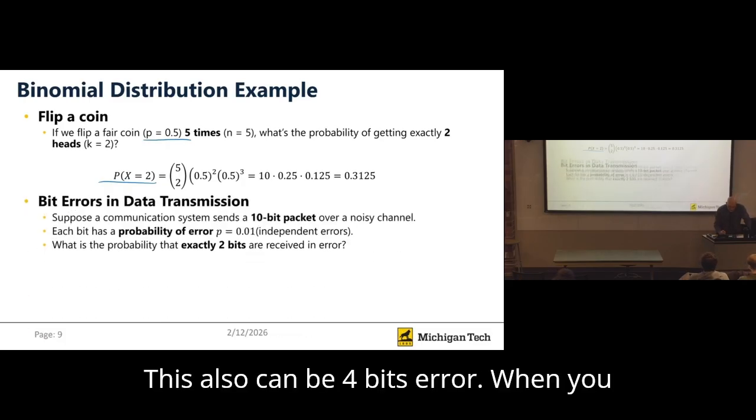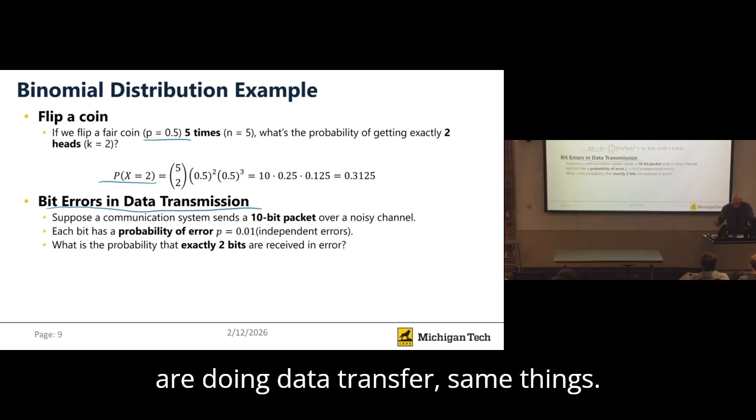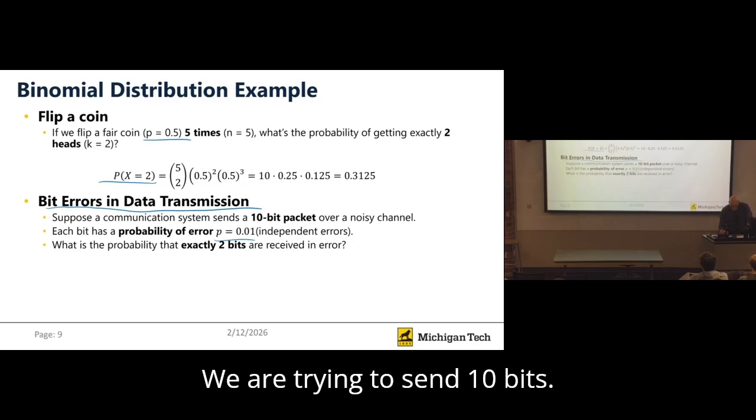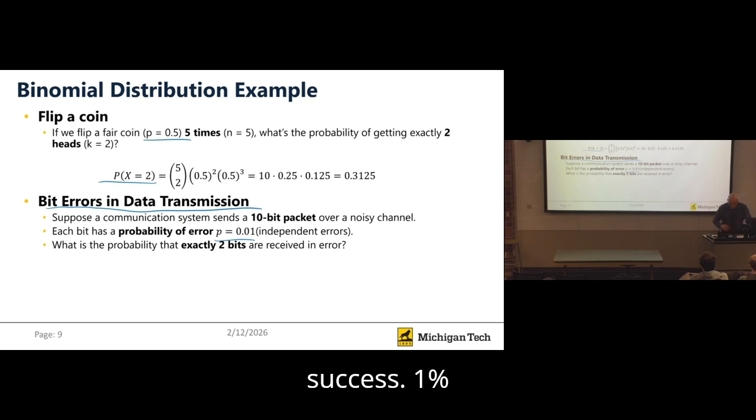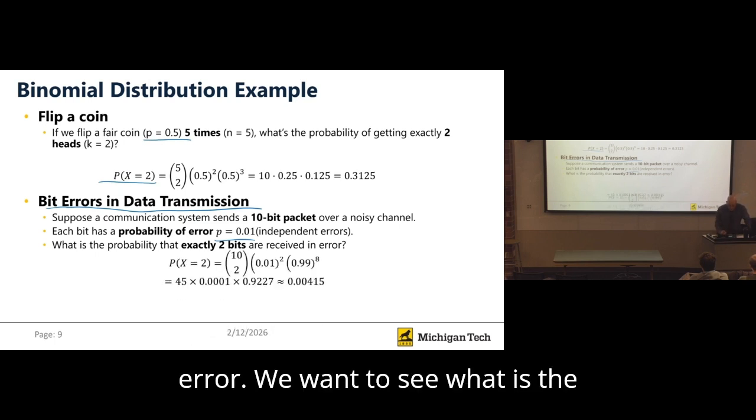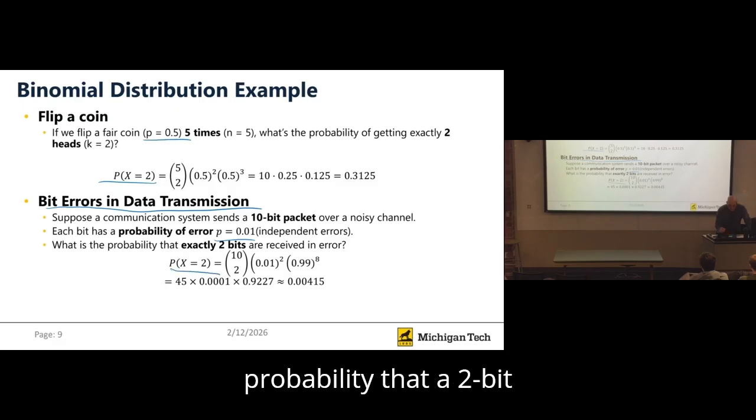That's it. This also can be used for bit errors. When you are doing data transfer, same thing. We are trying to send 10 bits. The probability is 99% success, 1% error. We want to see the probability that 2 bits get an error.